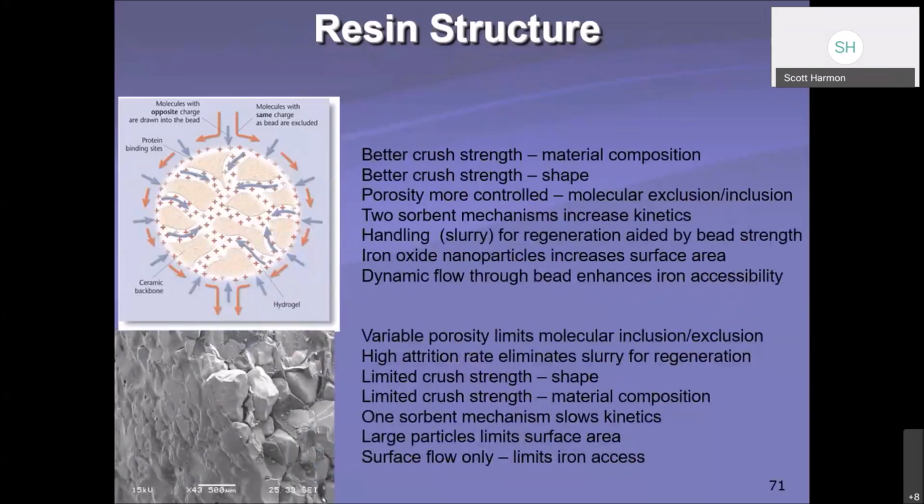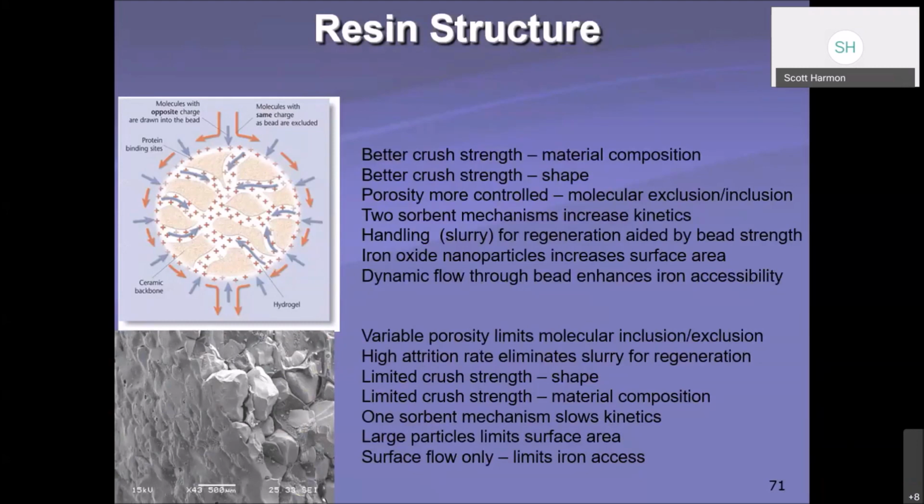Here's just a basic illustration of what one of these resin medias may look like inside, and there are different ones out on the market. So you can see the internal makeup and how the different ones are charged. For these spherical ones, they have better cross strength, and because of their shape and their material, the porosity is controlled, so the inclusions are filled.